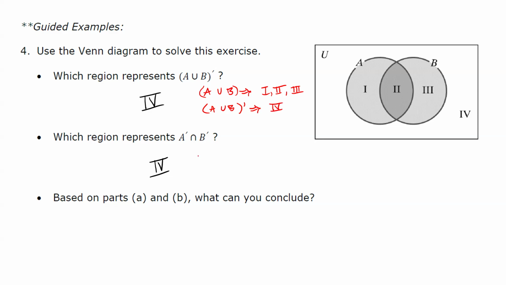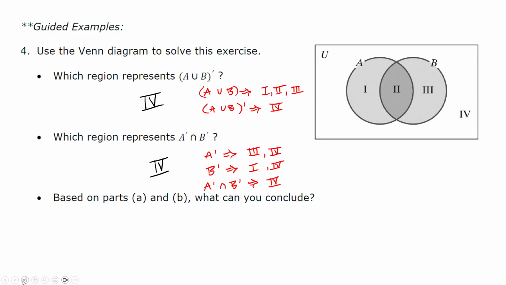You only have 4 regions. The next one, the complement of A, is region 3 and region 4. The complement of B is region 1 and region 4. So the intersection between these two would be region 4.